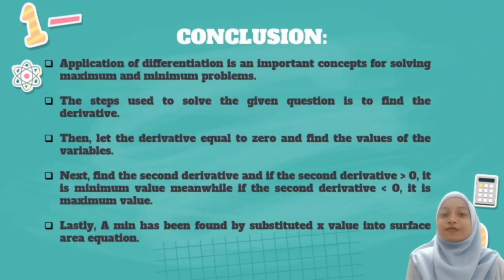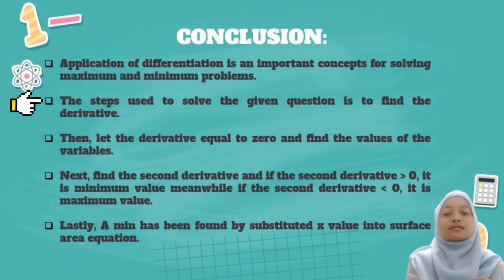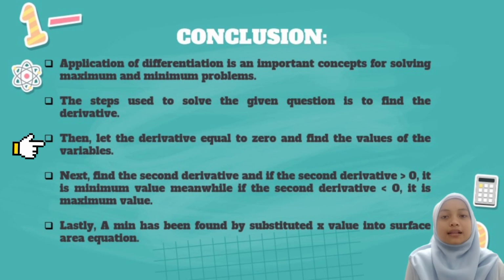Conclusion. Firstly, the application of differentiation is an important concept for solving maximum and minimum problems. Second, the steps used to solve the given question are to find the derivative, then let the derivative equal 0 and find the values of the variables.